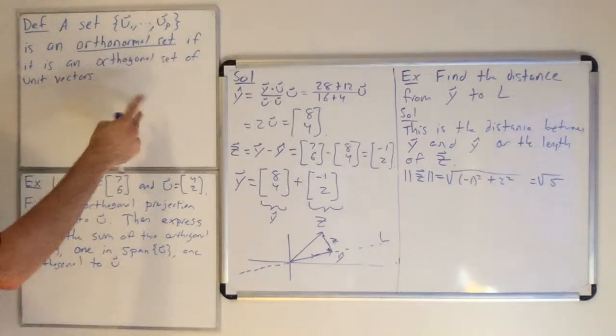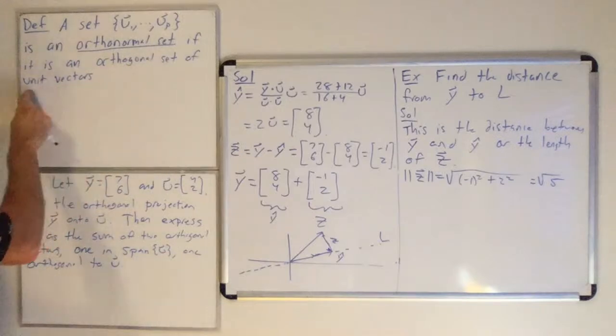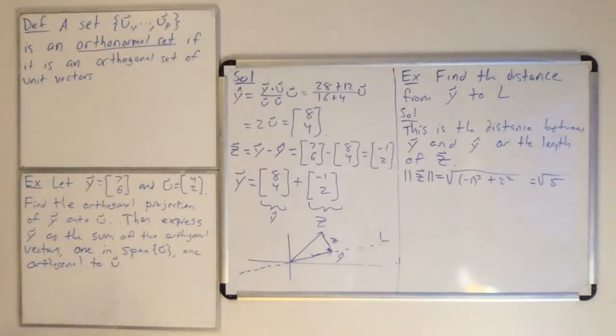Each of the pairwise dot products is 0, but what's a unit vector? Anybody have any guesses?